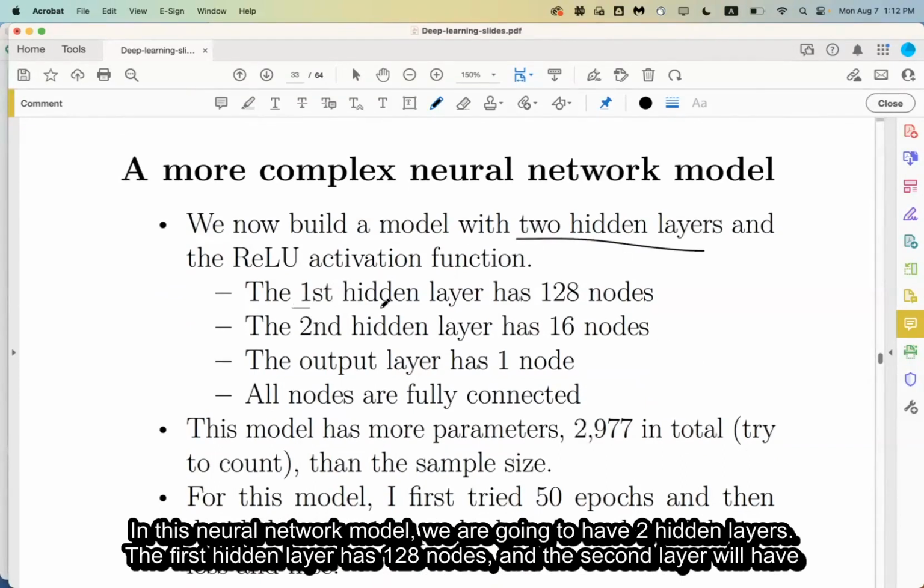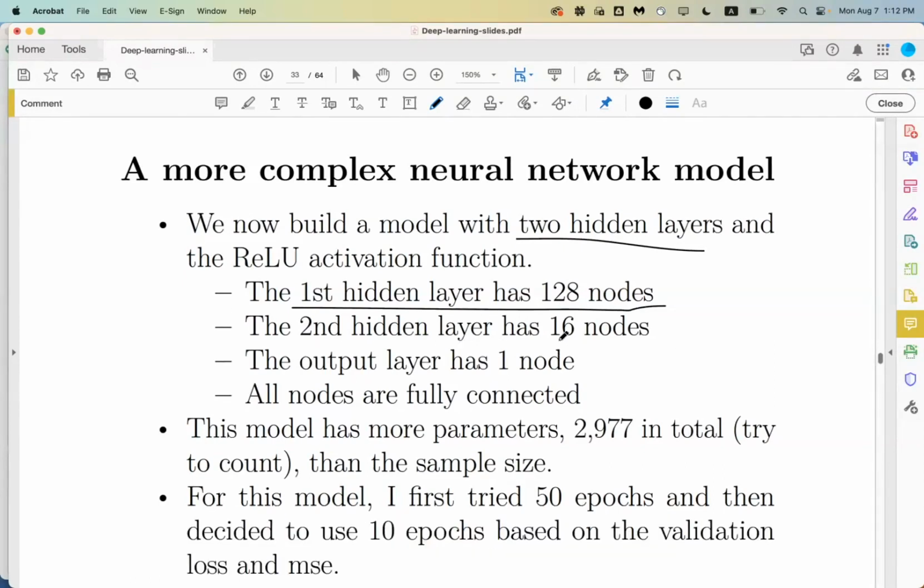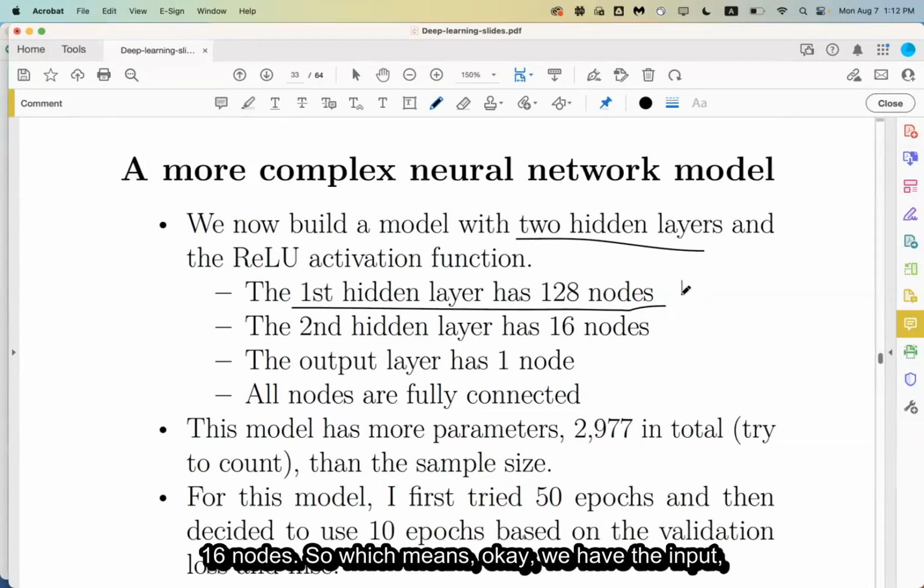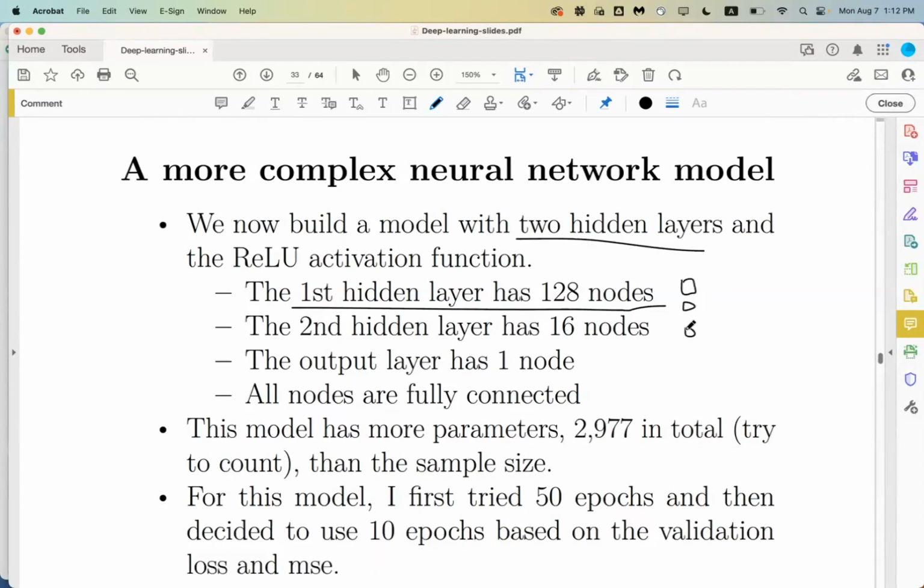The first hidden layer has 128 nodes, and the second layer will have 16 nodes. So which means, again, we have input X, we have 6 X here.